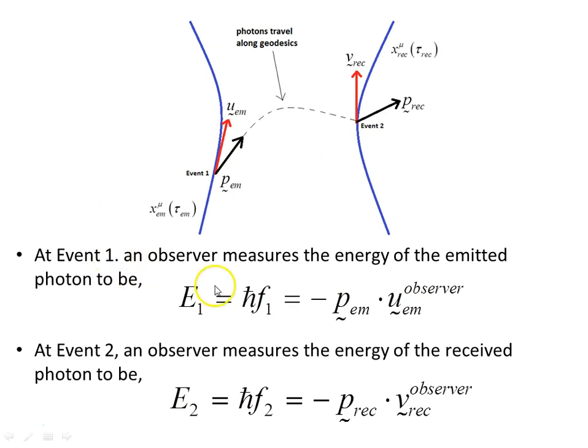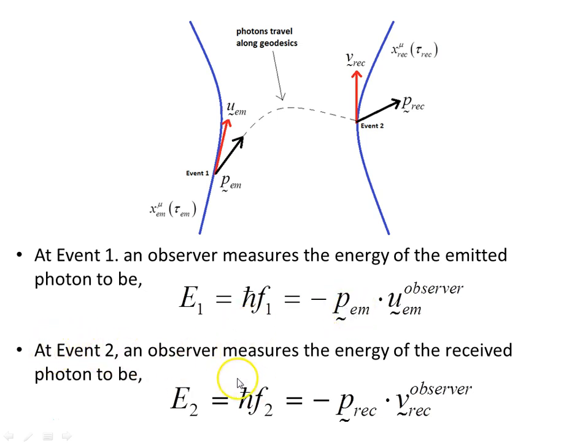At event 1, an observer measures the energy of the emitted photon to be E1 = h bar F1 = minus P emitted dotted with the four velocity of the observer at the point of emission, and this is the four momentum of the photon at the point of emission.